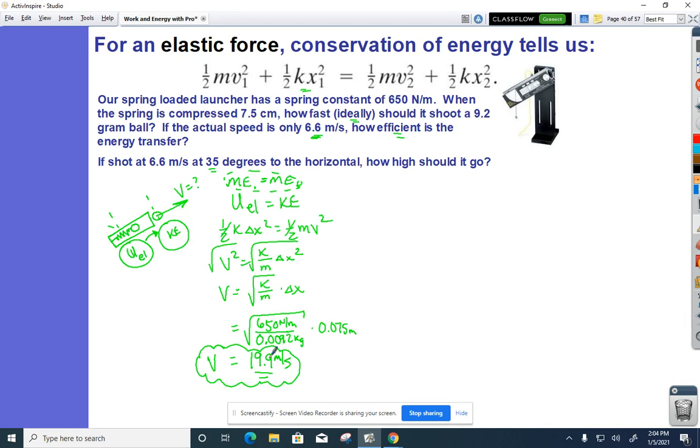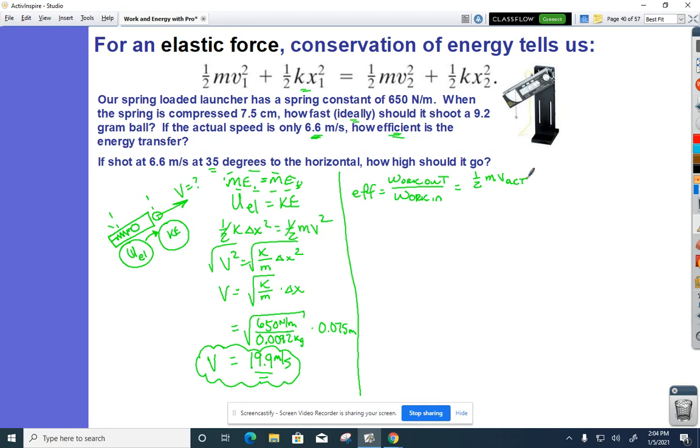So part B of this is to determine the efficiency. Let's go ahead and do that. Efficiency is defined as output work or output energy divided by input energy, or input work. Now, in terms of some variables here, what I'm getting out of this is kinetic energy.